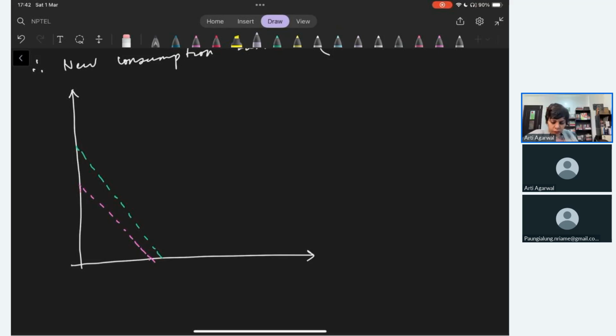So if this was your original consumption bundle, it is something like this, not this, wait. It's a little bit extreme, but if I make it a small difference, it is not going to be obvious.